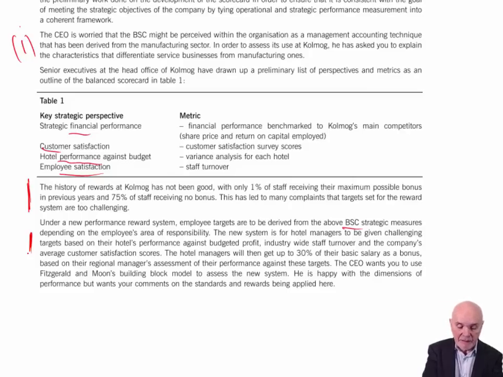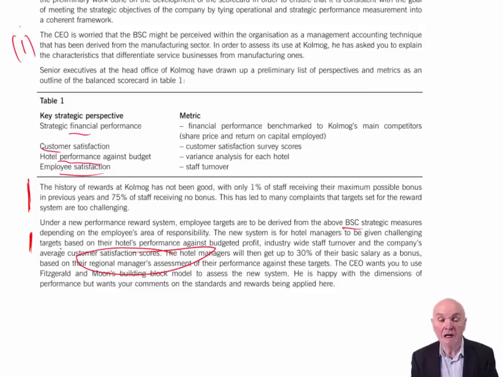Now this is a little bit tricky, based on the regional manager's assessment of their performance against these targets, because one of the things that's good to see in a kind of bonus scheme, profit-related pay, is a kind of transparency. That is a relationship between how I do and what I get as a bonus. And if we have the regional manager coming in between and then making slightly arbitrary or maybe subjective decisions about what the bonus should be, then people can easily get disaffected.